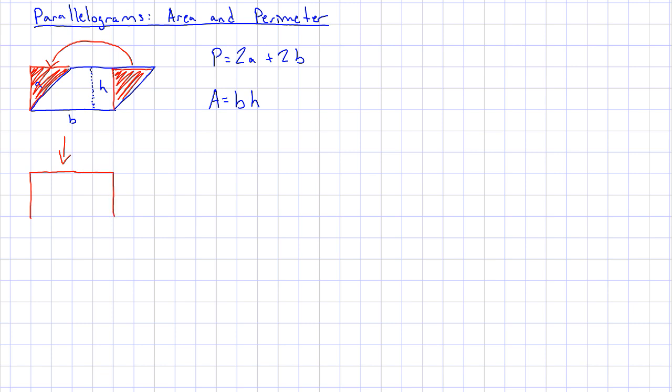And that rectangle would have length B and width height. So the area of the parallelogram is the same because of this nature, because we can basically cut off a little part of this triangle and move it to the other side and represent it as a rectangle and solve the area that way. So let's do an example with some numbers.